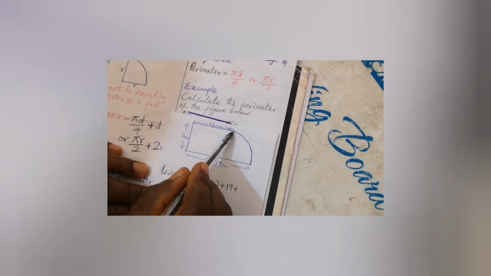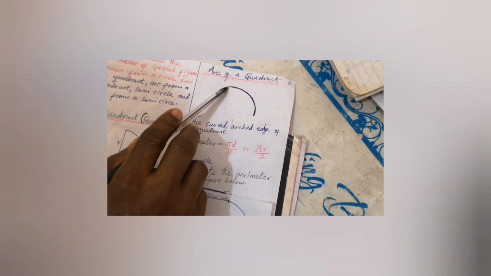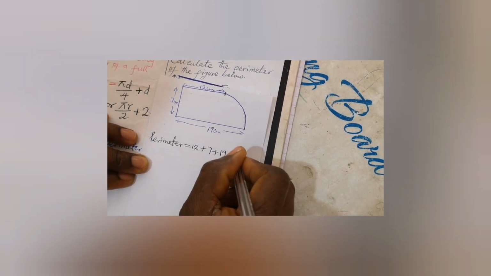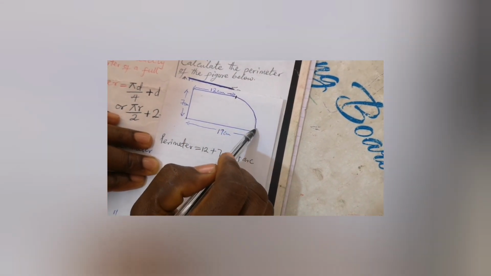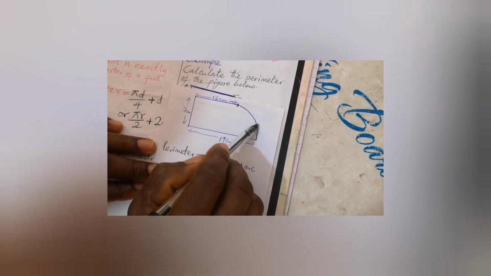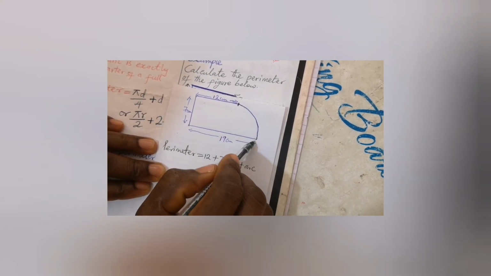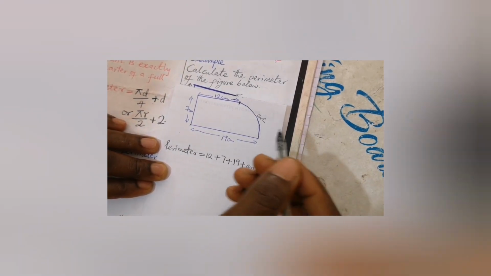Look at it. This curved edge is the same thing as this one, which is the arc of a quadrant. So I will just write here plus arc, and I don't know the value of this arc because in this problem there is no value here. So I will just call this curved part arc.